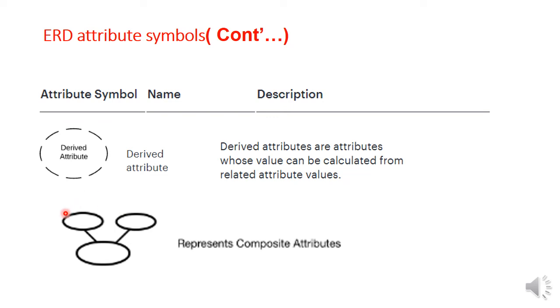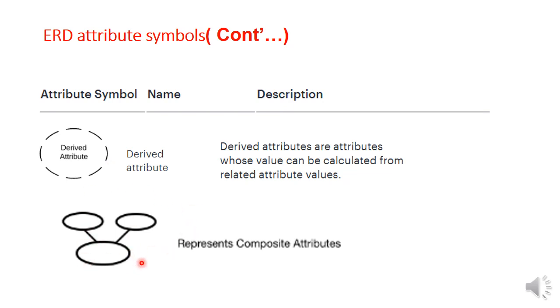Here we have also another symbol which is used to represent a composite attribute. For example, if we have an attribute called name, we have different types of names: first name, last name, nickname, family name.